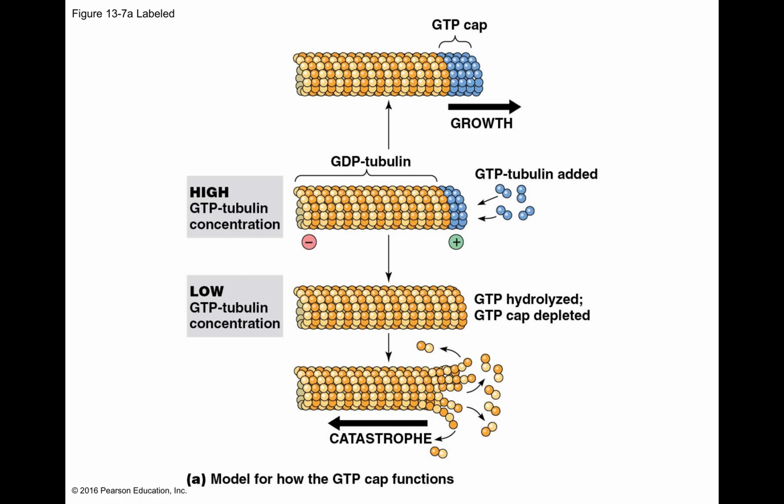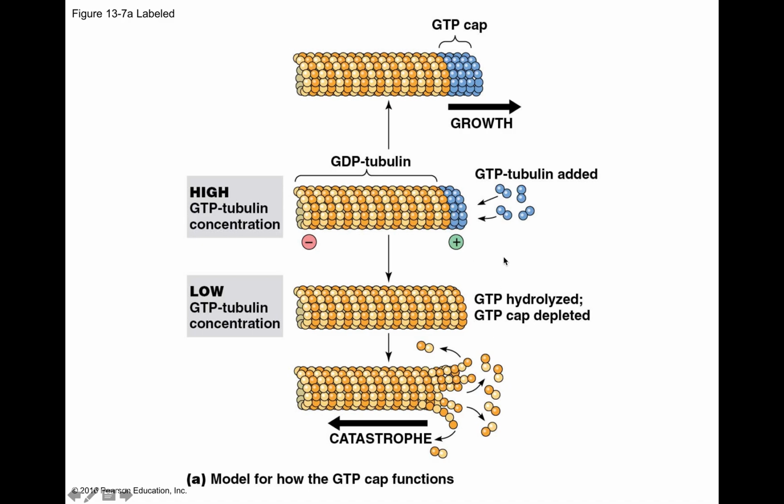So if there's a ton of GTP tubulin around to add to this end, then the microtubule will grow faster than it'll shrink. If the rate at which the GTP gets hydrolyzed to GDP is faster, then the microtubule will tend to shrink.